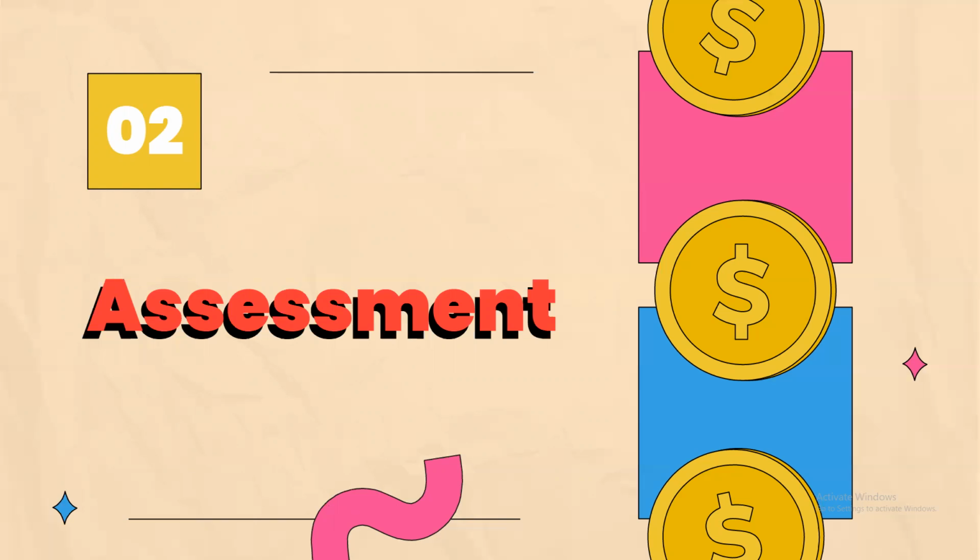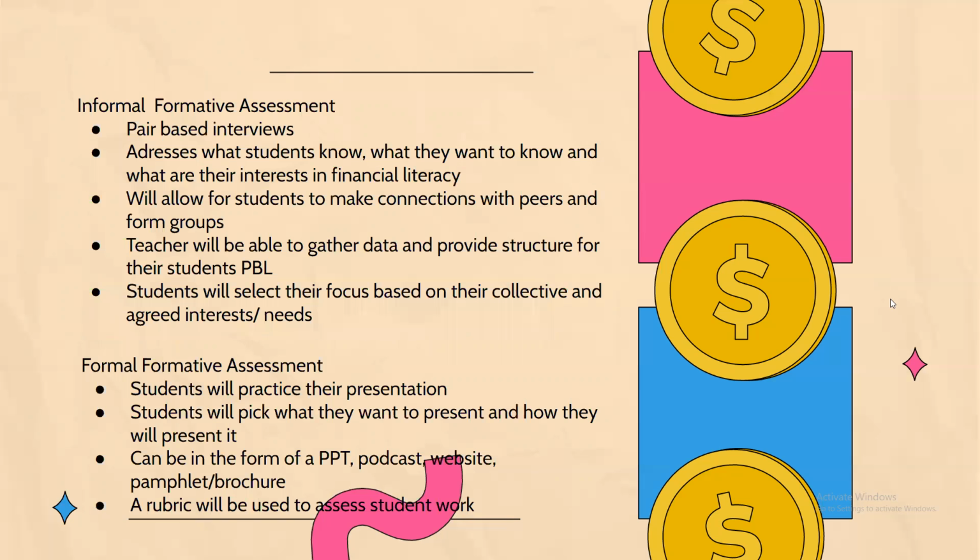The next thing we're going to talk about is the assessments. There's going to be informal and formal formative assessments. For the informal, when the students start the project, they're going to have pair-based interviews where students can address what they know, what they want to know, and their interest in financial literacy.